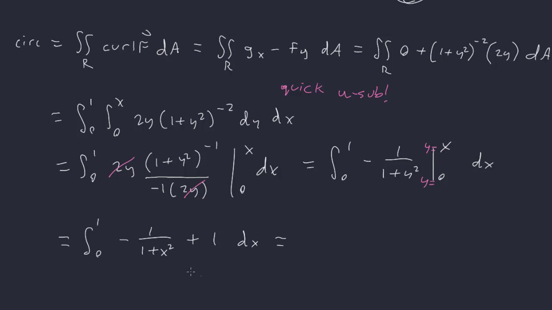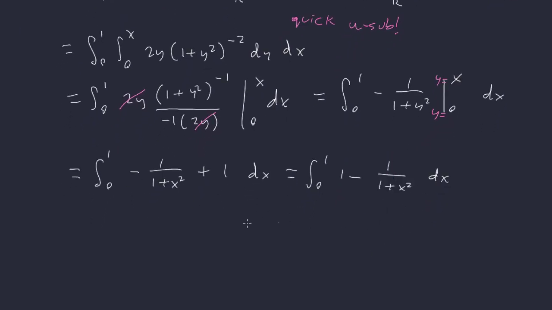All right, now hopefully we remember this integral here. Let me make this a little nicer. Hopefully remember this integral as the tan inverse pattern, right? The integral of 1, of course, is just x. The integral of 1 over x squared plus 1 is tangent inverse of x. And then we'll just evaluate this from 0 to 1.